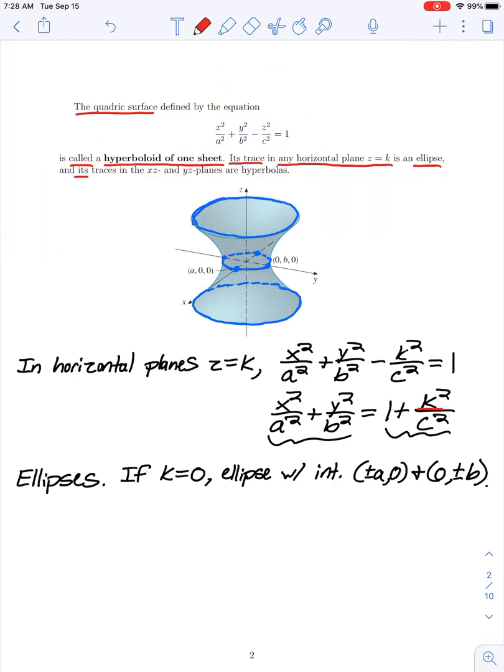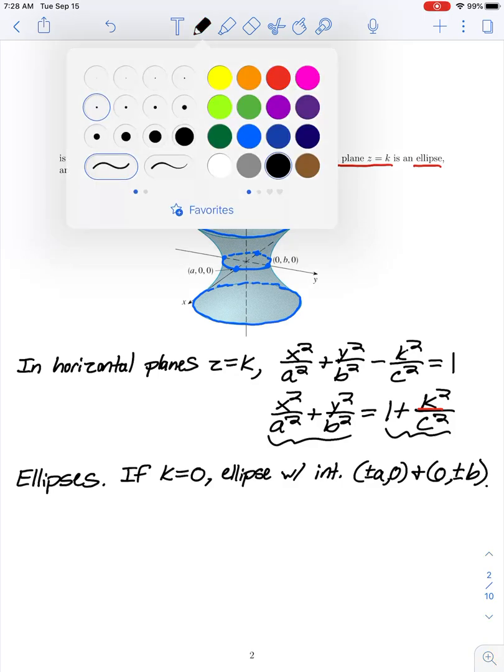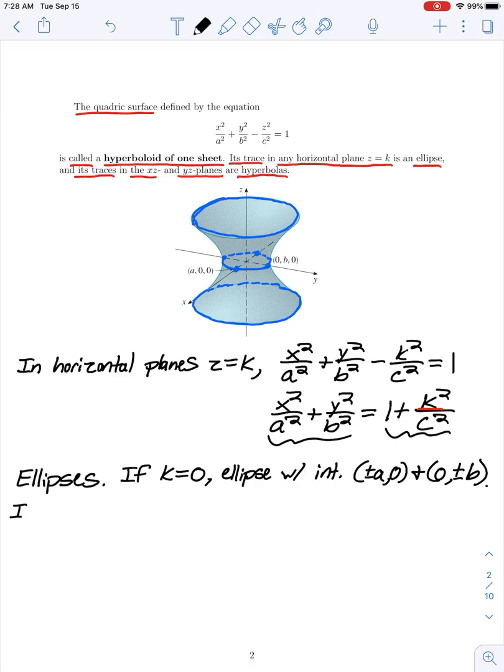So I say its traces in either the xz or the yz planes, or planes parallel to these, would be hyperbolas. So let's think about maybe the xz plane, which would be the plane with equation y equals 0.